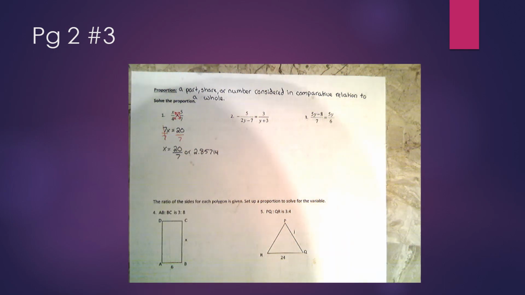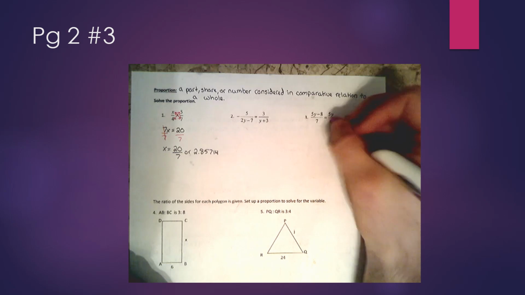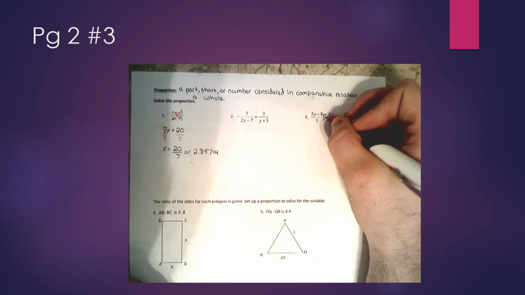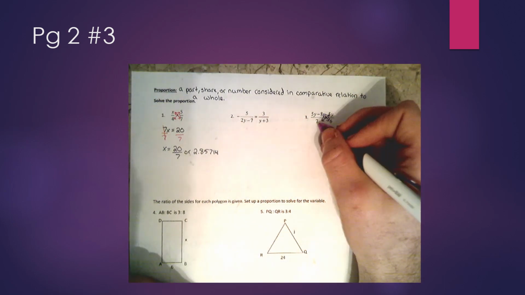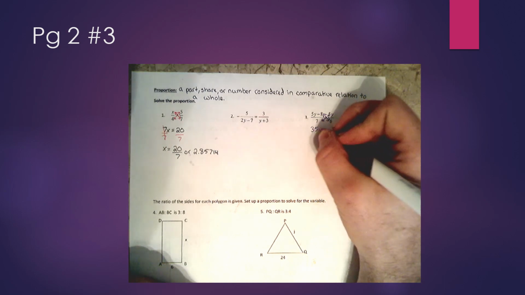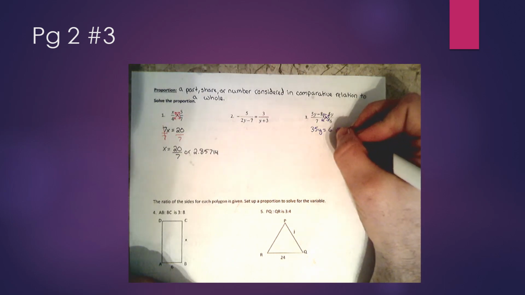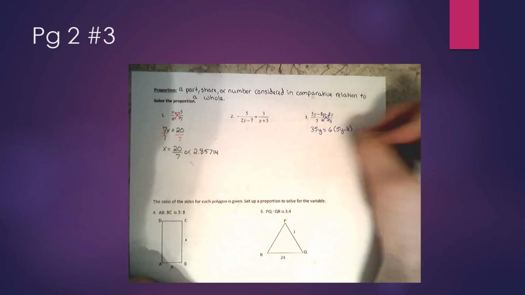All right, homies, now we're on number 3 on page 2. This one is still solving the proportion, so we're still going to do our cross multiplication or cross product, depending on how you like to say it. So 7 times 5 is 35y equals 6 times 5y minus 8.